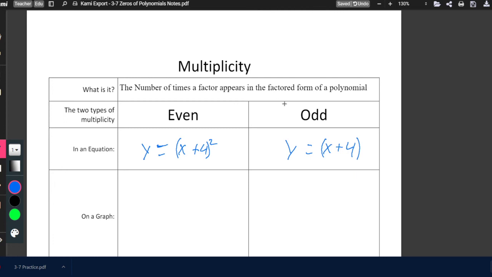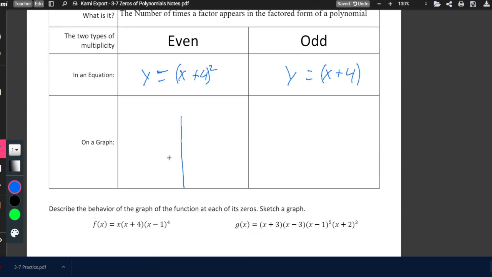So on a graph, this would look like this one specifically. It is a quadratic equation translated to the left by 4. It's going to be a quadratic that just touches the x-axis when x equals -4.